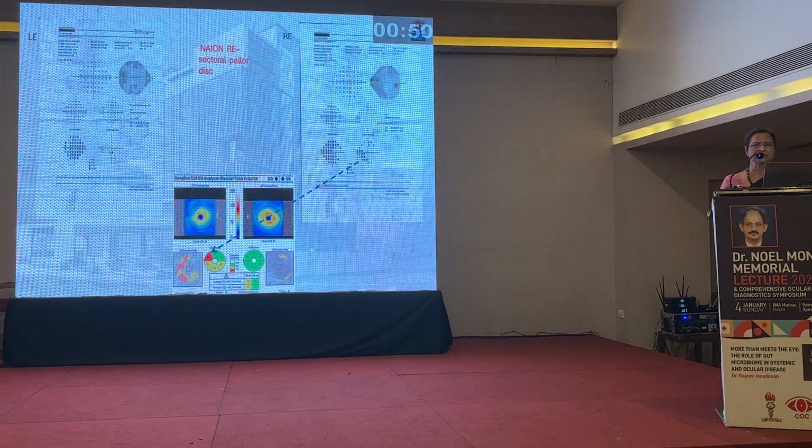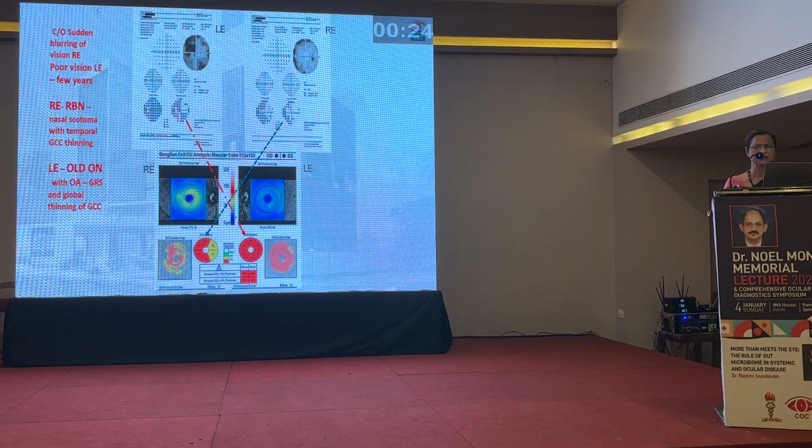Another example of the same diagnosis, that is NAION in the right eye, showing a sectoral pallor of the disc. I'm sorry, I don't have the photograph. It showed an inferonasal field defect in the eye. Correspondingly, there was a supero-temporal thinning of the GCC. This was another such patient, with sudden drop in vision in the right eye, with the fields and the GCC.